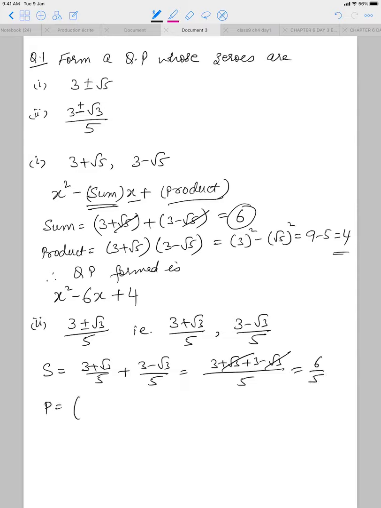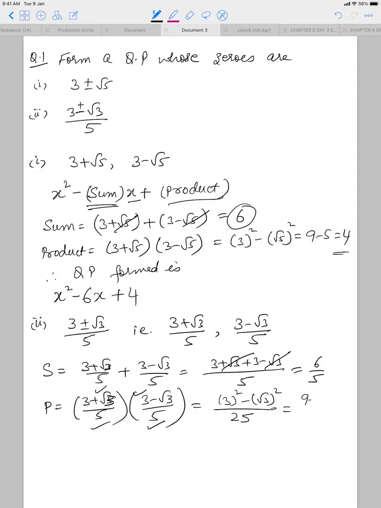Product of the zeros will be 3 plus root 3 upon 5 into 3 minus root 3 upon 5, I'm so sorry, this is root 3 upon 5, which is equal to, again I'll use a plus b into a minus b for the numerator. 3 plus root 3 into 3 minus root 3 will give me a square minus b square, and the denominators will get multiplied. 5 into 5 is 25.